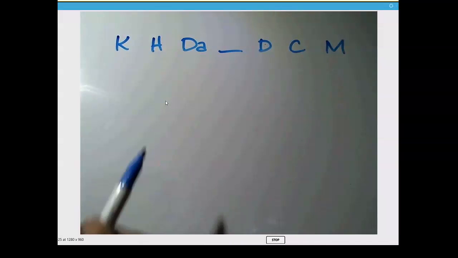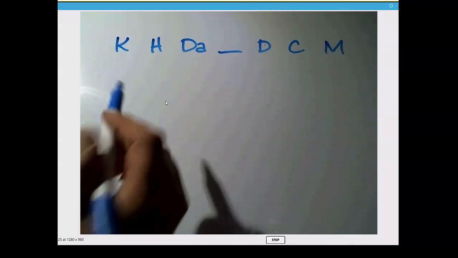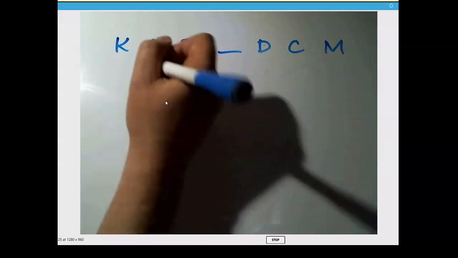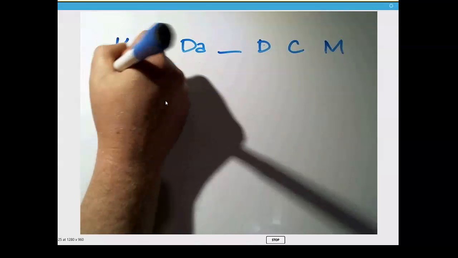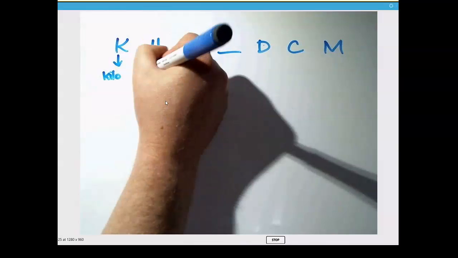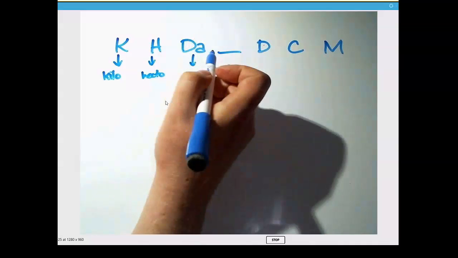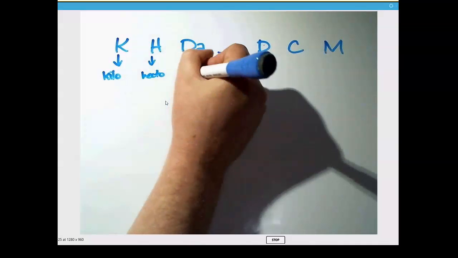This is the metric prefix line. These are the most commonly used metric measurements, so they have their own little system here. K stands for kilo. H is hecto. DA is an abbreviation for deca.